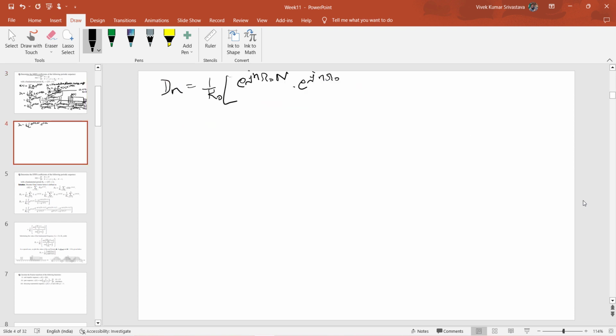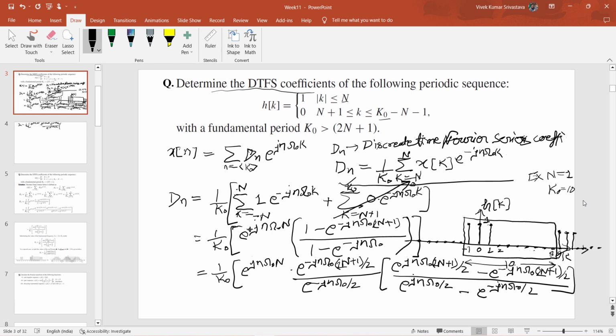So now this will be e raised to the power minus j n rho naught n into e raised to the power minus j n rho naught by 2 over e raised to the power minus j n rho naught by 2. And now inside this we will get this expression.